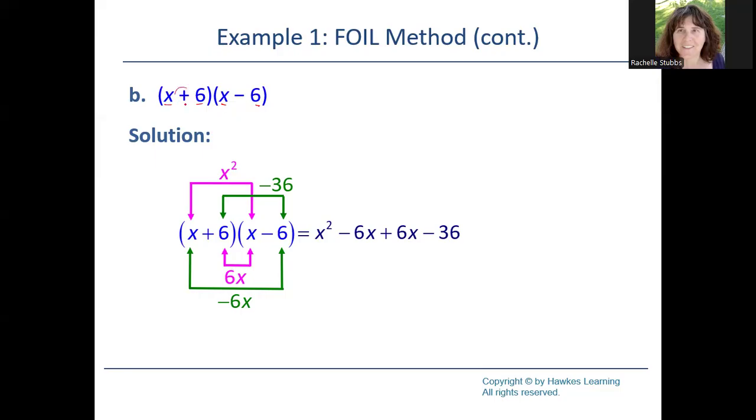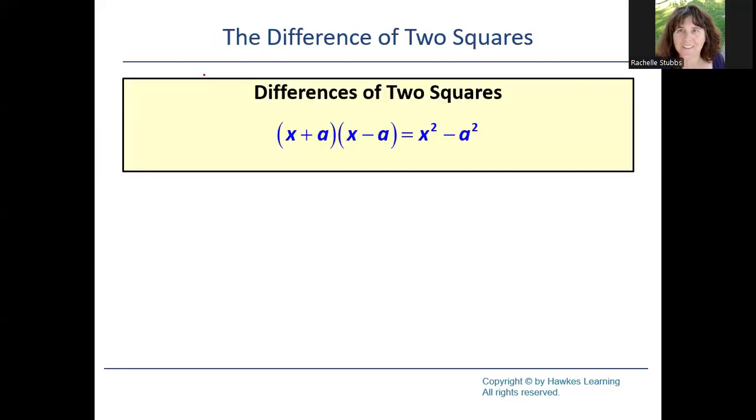The only difference is the sign in between. So when they have opposite signs, the middle terms cancel each other out, and we're just left with the first term squared, x squared, and the last term squared, 36. So instead of FOIL, it's just F and L, first and last.